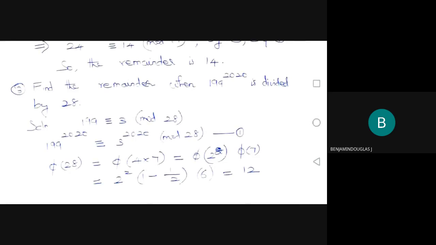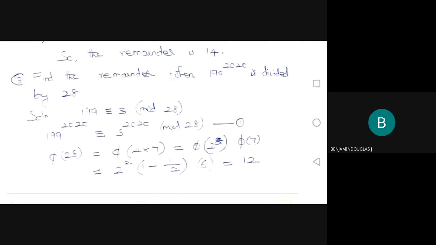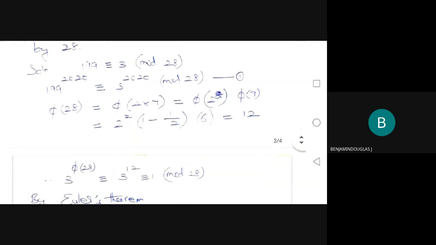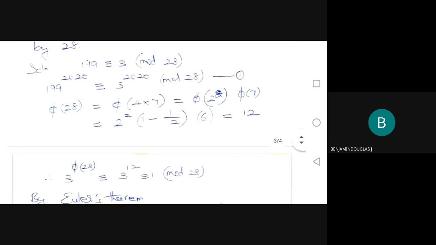Phi of 2 square is 2 square into 1 minus 1 by 2. 7 is prime, therefore phi of 7 is 7 minus 1, that is 6. So 4 into 1 by 2 into 6 equals 12. So phi of 28 is equal to 12.